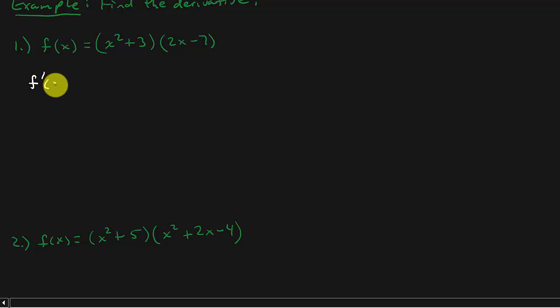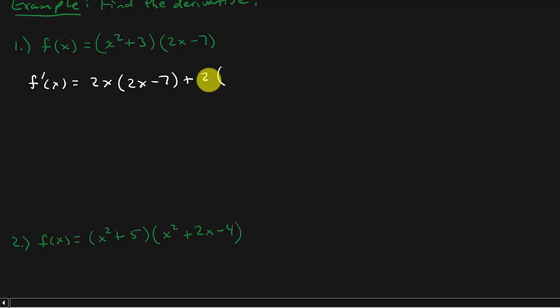So we've got f prime of x. Remember, the product rule is the derivative of the first function. The derivative of x squared plus 3: the derivative of x squared is 2x, the derivative of 3 is 0. So this is the derivative of the first function times the second function, 2x minus 7, plus the derivative of the second function. The derivative of 2x is 2, the derivative of minus 7 is 0.